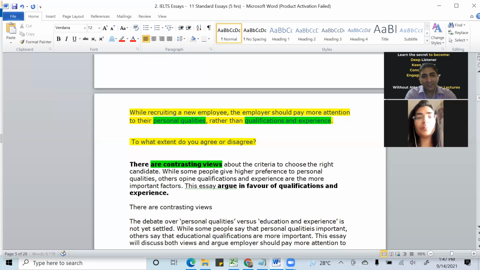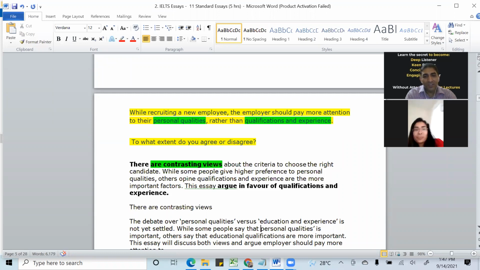Every time I write it, it is clear initially, when I repeat this, that this is the topic or the agenda. Others say that educational qualifications and experience, so this is one unit. It's not that they are two things. This is one side of the argument, are more important.